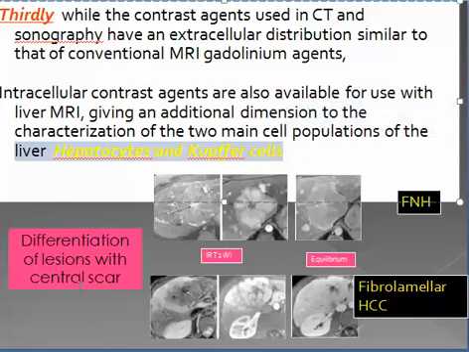Differentiation of the lesions with central scar. Central scar is in focal nodular hyperplasia or fibrolamellar malignancy.